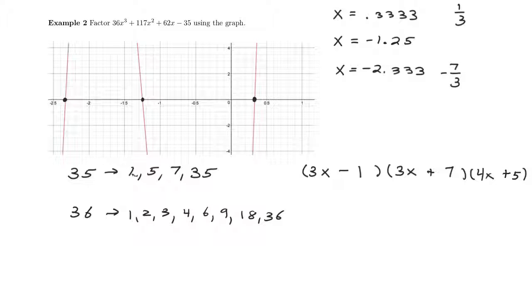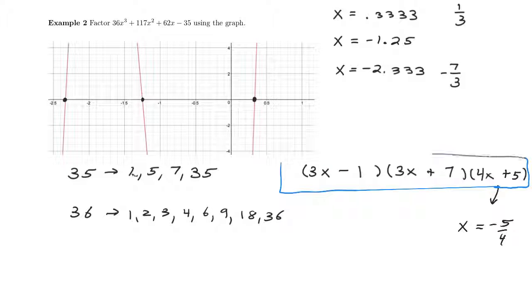And if you check it out, this last factor has a 0 at negative 5/4, and that corresponds to the decimal that we currently have, negative 1.25. Well, the final answer is going to be this expression here. And all this did was come from looking at the zeros. I wasn't exactly sure of every fraction, but I used some of the numbers in the original polynomial to help me reason out what they must be.